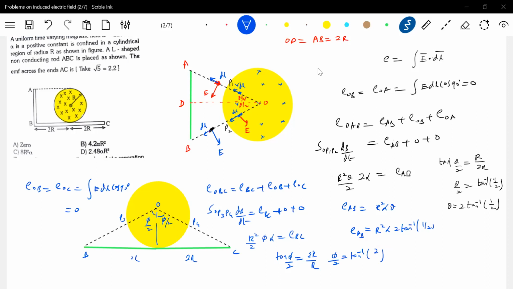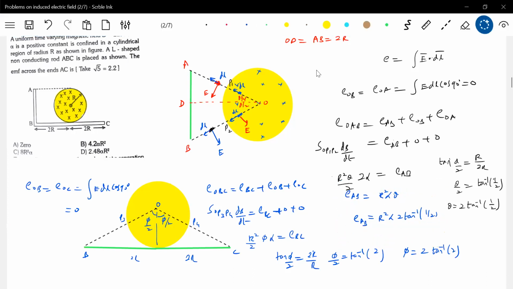Check it, something. Mathematics, you should be aware of all those things. So I know I can only bring the physics ideas here. Now you can see that. Is it phi is equal to theta? Sir, theta plus phi is 180 degrees.